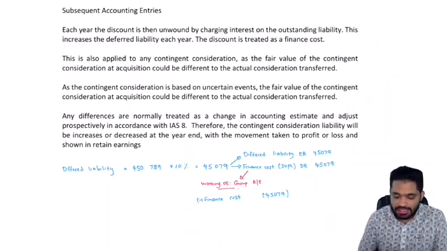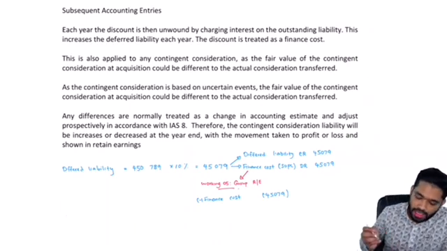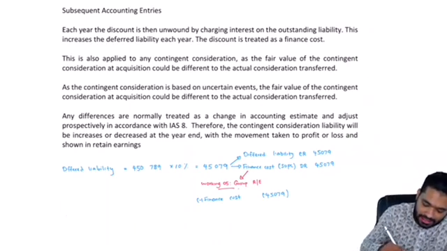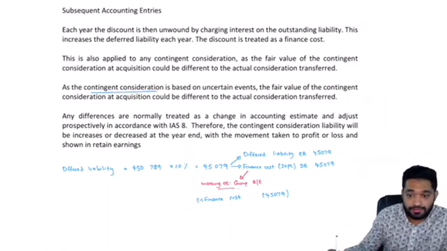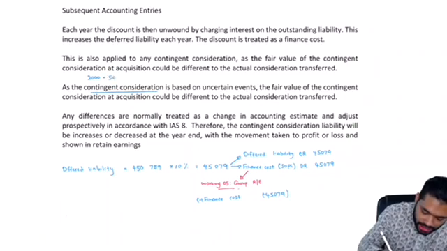Now when you look at a contingent consideration, this is much simpler. Now let's say the contingent consideration is going to be 500,000. So in year 2000, which is the year of acquisition, it's going to be 500,000.